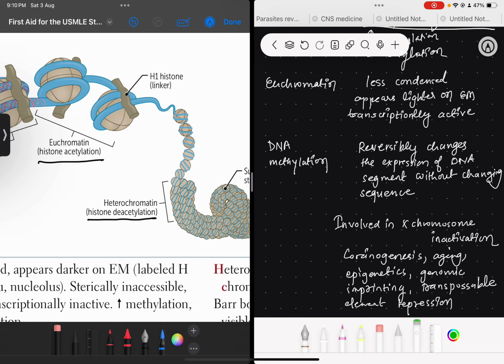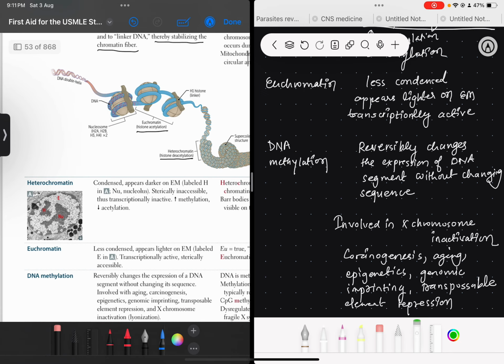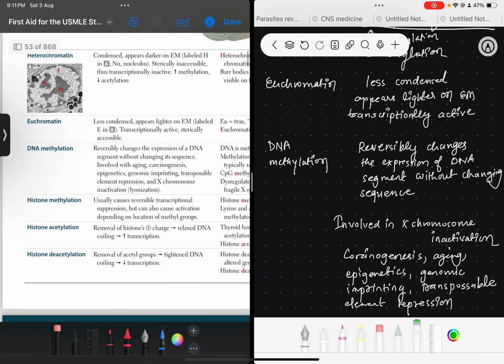We don't have to change any sequence; it is going to remain as it is. We are just going to do the methylation, and it will reversibly change the expression.